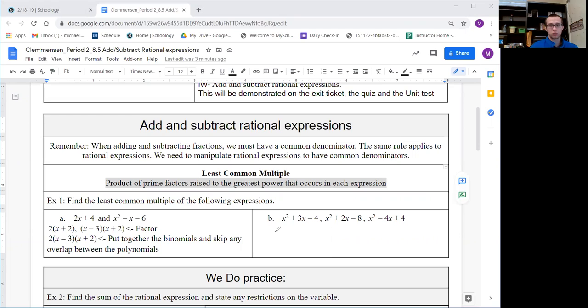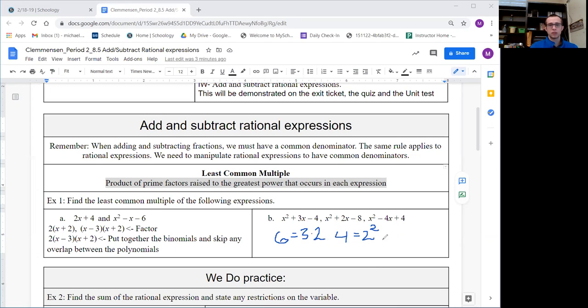An example of that is if we were checking out things like, let's go, 6 and 4. All right. So 6 is equal to 3 times 2. Right? 4, on the other hand, is equal to 2 squared.